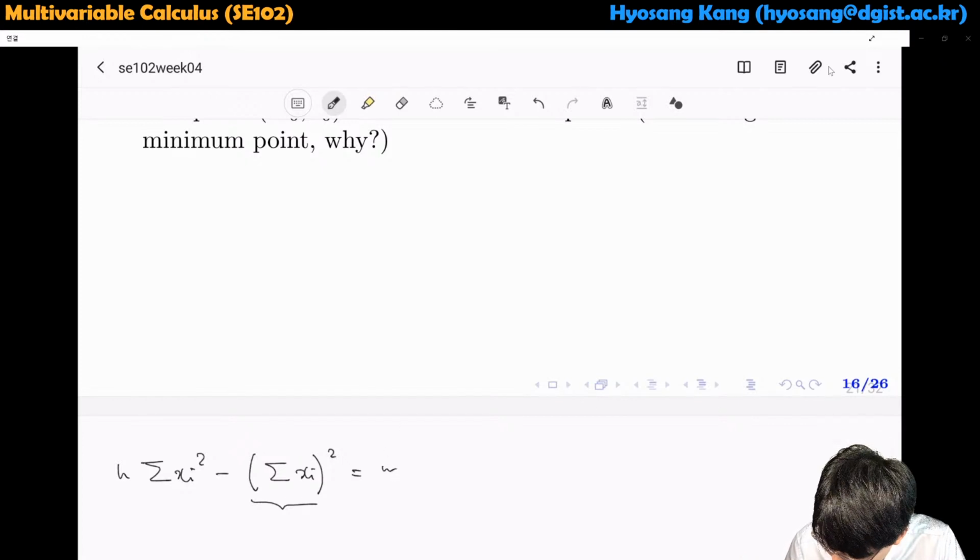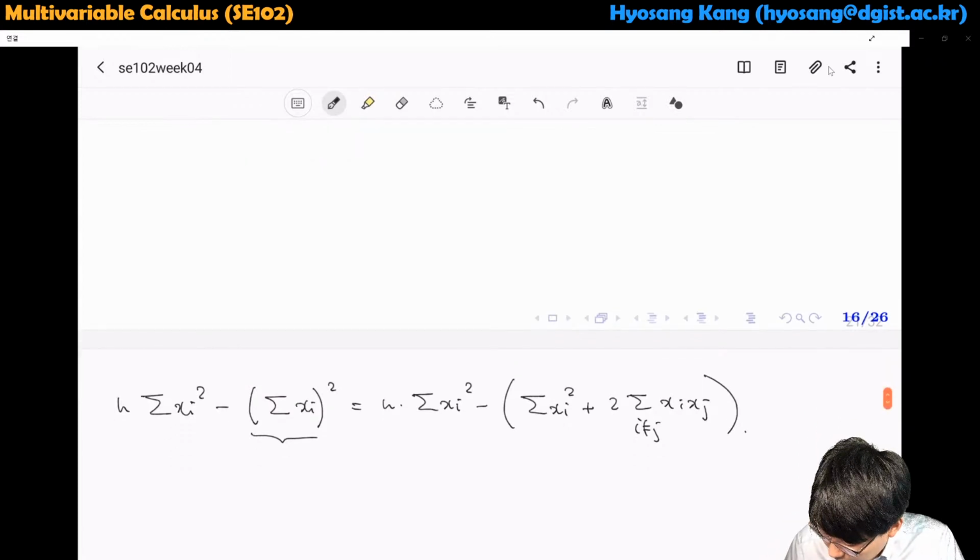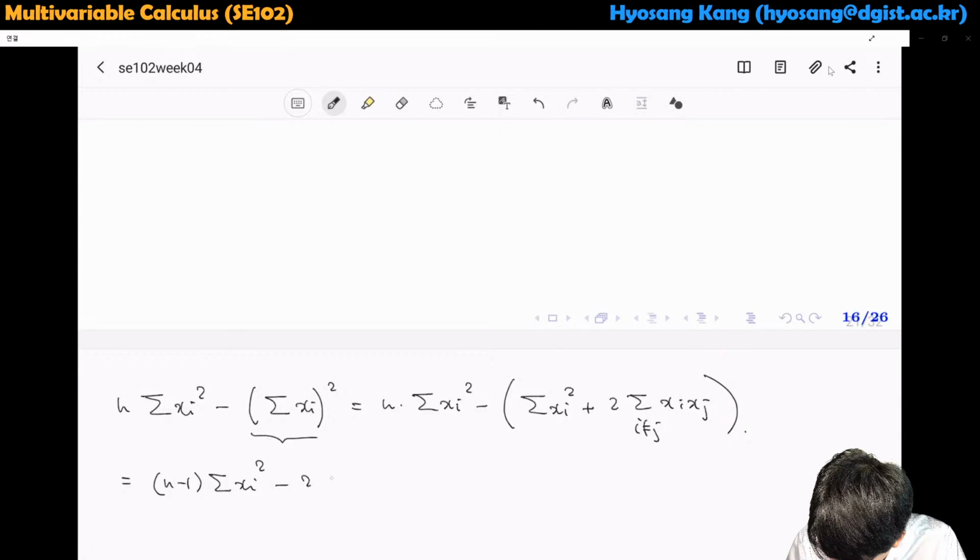So n times Σxi² minus, now this becomes Σxi² plus 2 times Σxi xj, where i and j are not equal. If it's equal, it becomes a square. Okay. So we have n minus 1 of Σxi² and minus 2 times the sum over i not equal j of xi xj.